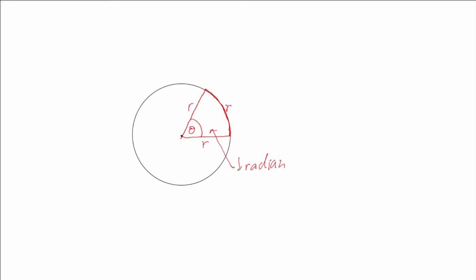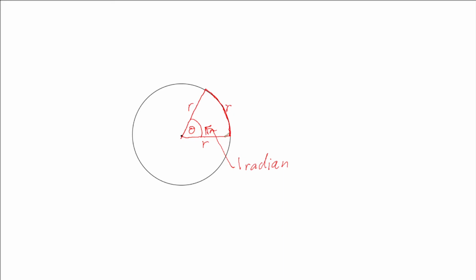So this angle is 1 radian, or 1 radius around the circle, which is why they're called radians.